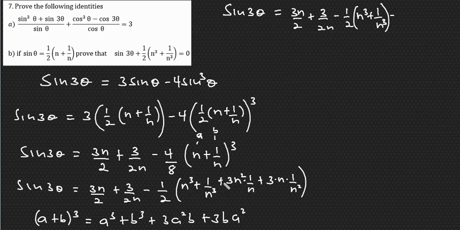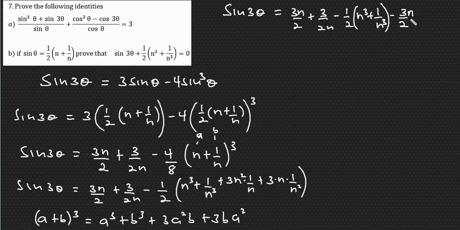Now this is going to be minus 3 over 2 times n squared over n, so we remain with n.